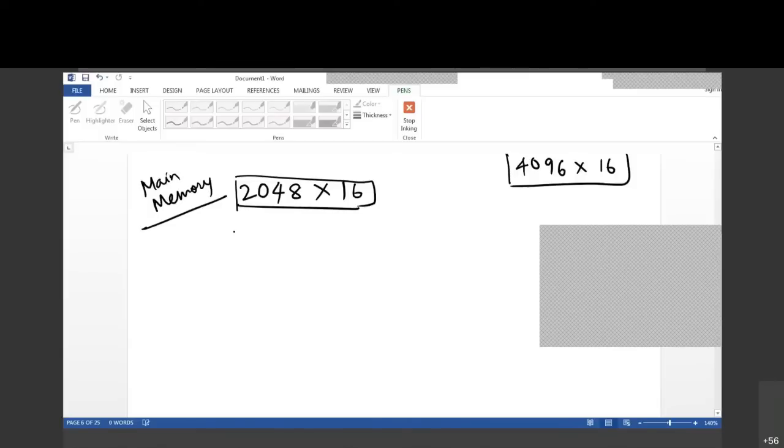Okay, now if this is the size of my main memory, how many bits would be required to specify the address? What is 2048? Yes, correct. 2 raised to 11 cross 16. So my memory would require 11 bits to specify the address.